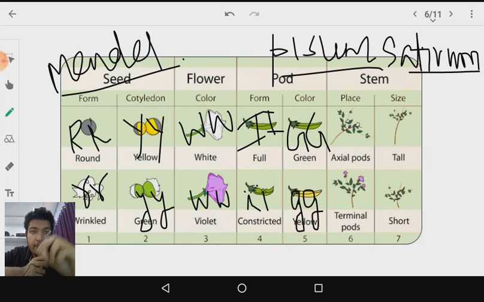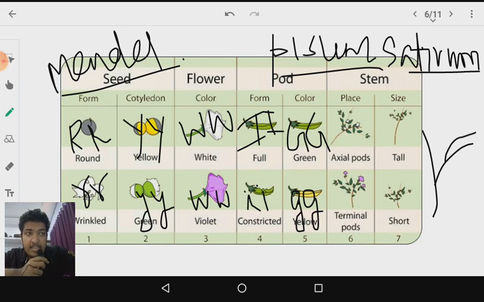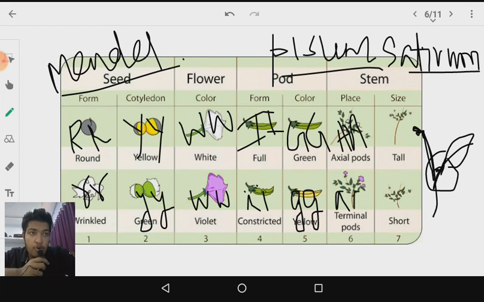The angle between the stem and the leaf is known as the axil. So if the bud is present over here, this is known as the axial bud, whereas if the bud is present at the tip, it is known as the terminal bud. It is seen that the majority of pea plants have buds in the axils. So axial pods are denoted by capital A, and terminal pods are denoted by small a.